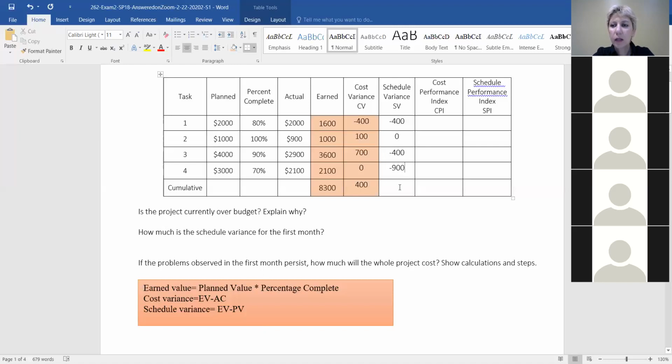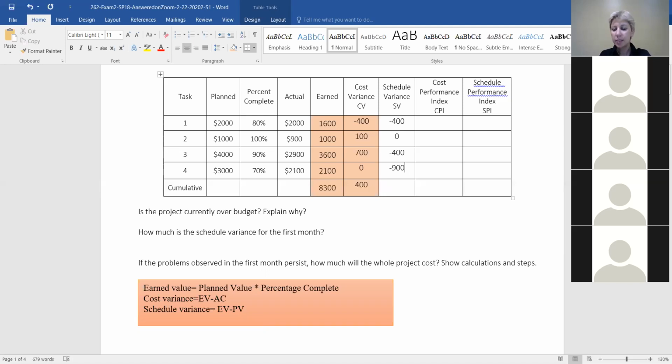Task 1, is it ahead of schedule or behind schedule? Behind. What's the value of work that hasn't been completed yet? What was that? Sorry. The value of the work that's not completed yet. So it looks like it's minus 400. Exactly. Can you answer one more question for me?